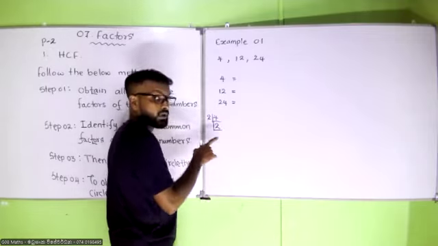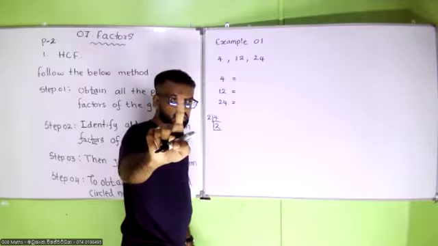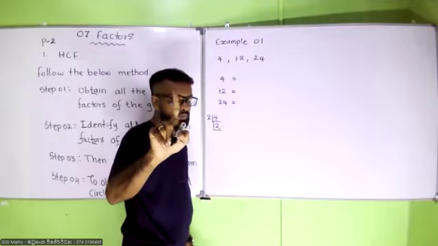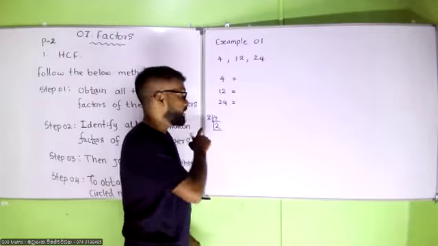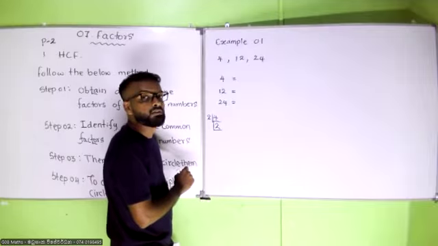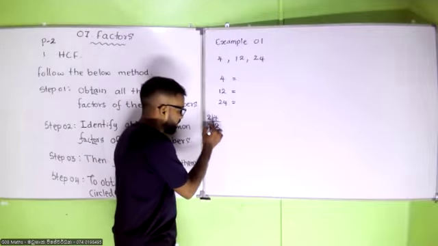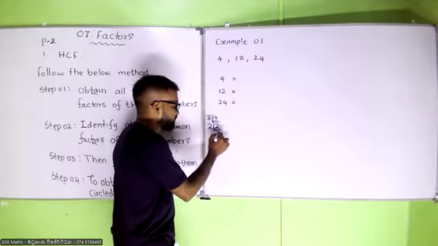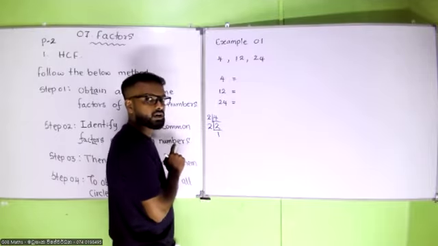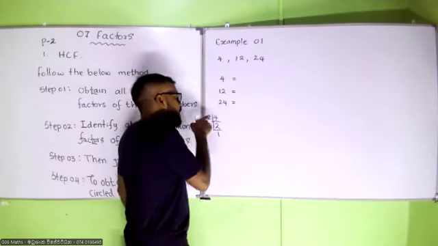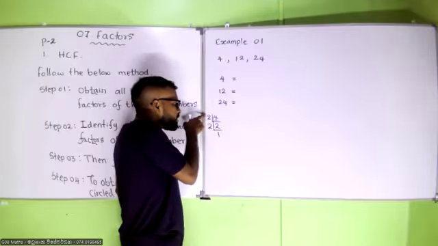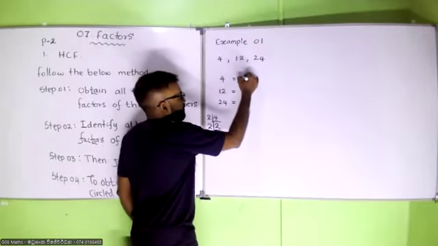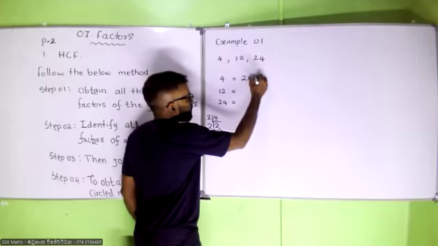Until my quotient becomes 1, I am going to divide by using prime factors. So 2 can be divided again by 2. 2 times 1. My quotient becomes 1. So I can represent 4 as 2 times 2.